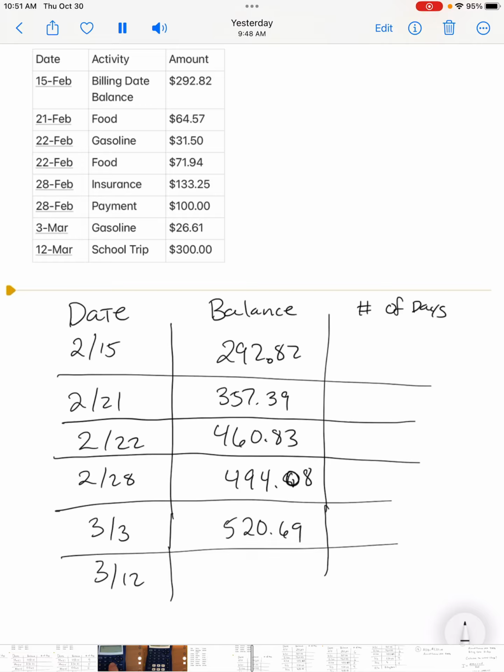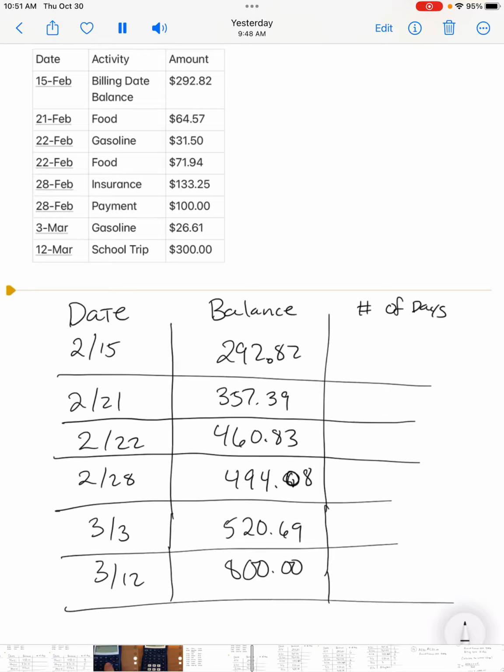And on March 12th, I make another purchase of a school trip. How do you know it's a purchase? Anytime they label it as a thing, it's an expense. A payment or return would lower that one. I don't know if our book does returns, but they definitely do payments, as they all do.